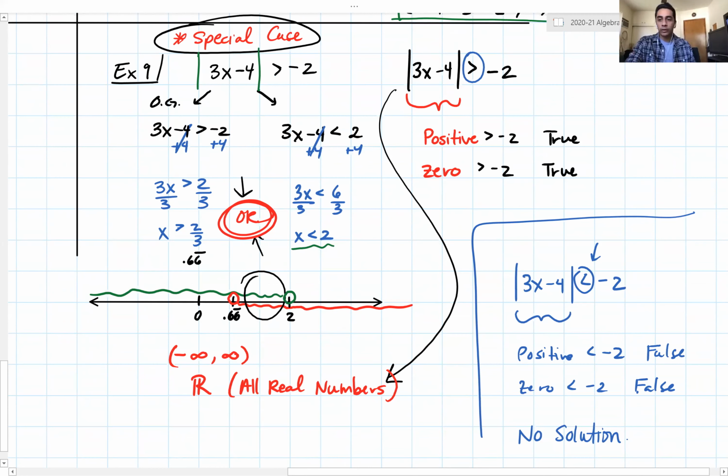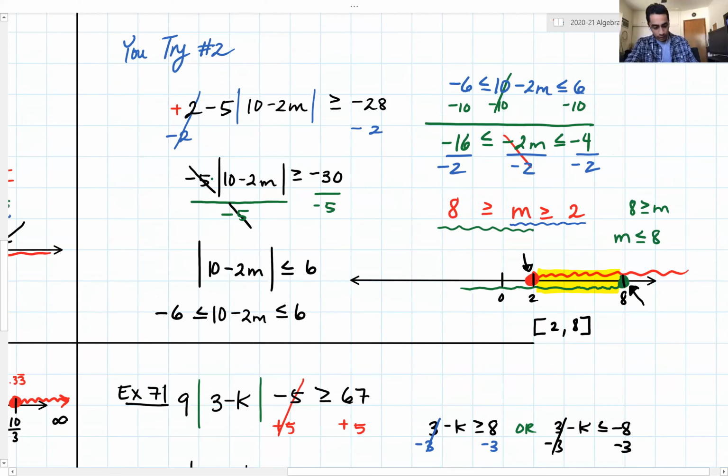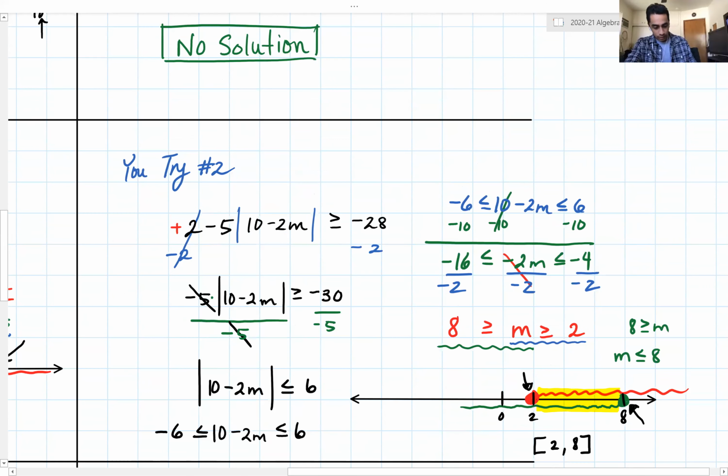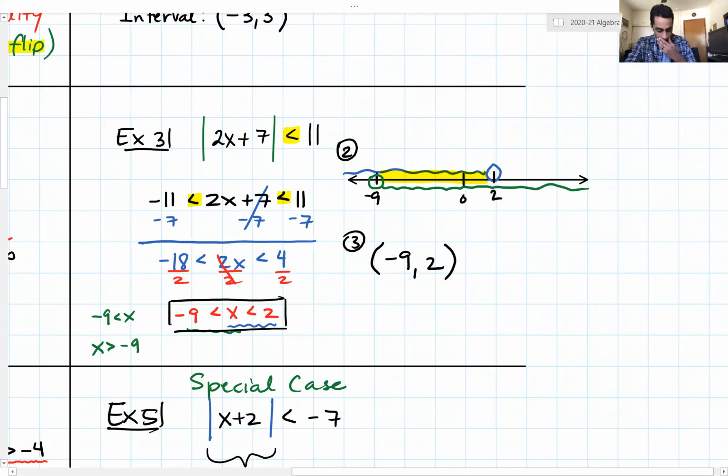This is the only way to do it correctly. If you did it another way, okay, you said you did it like example 3. You can't do it like example 3. The reason why example 3 was the way it was is the way you have to look at the inequality. The inequality in number 3 is pointing to the absolute value. So that's when you can make a sandwich, right?